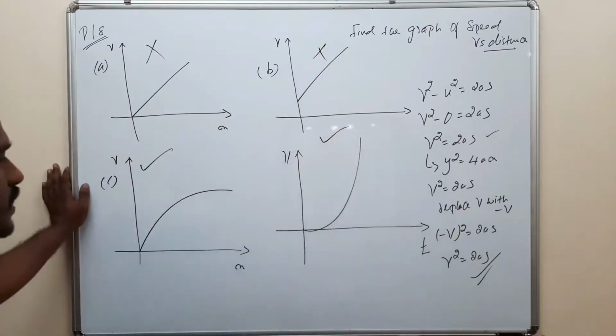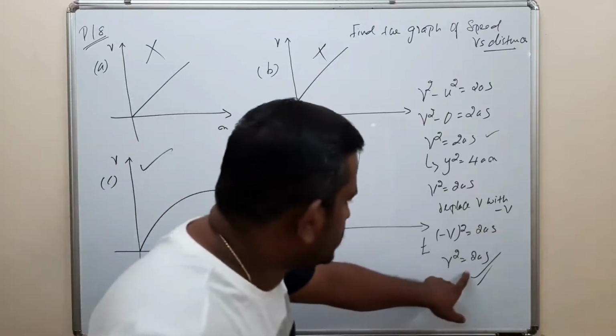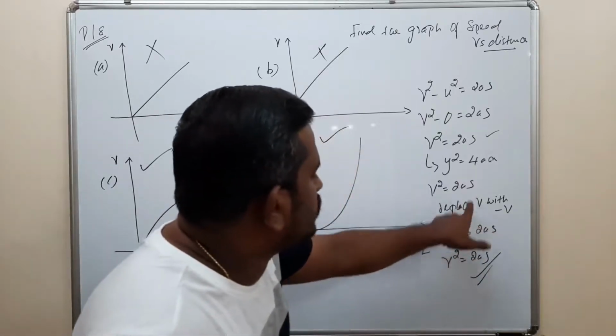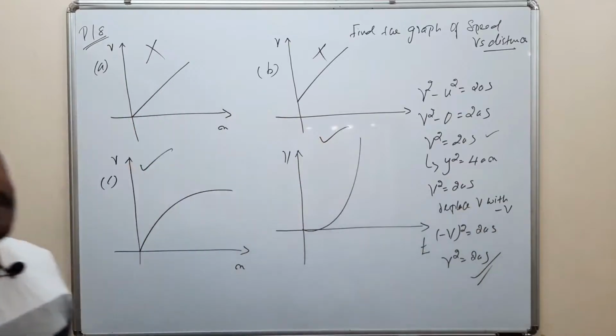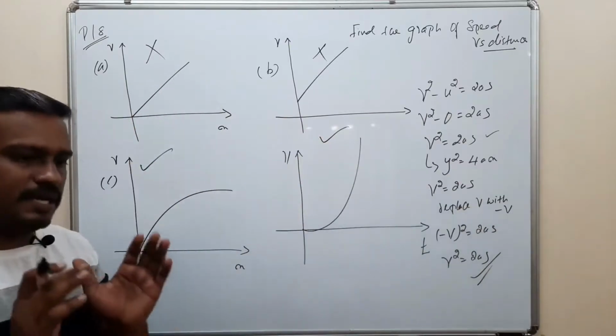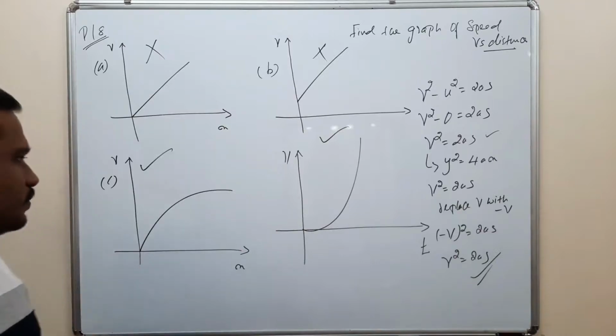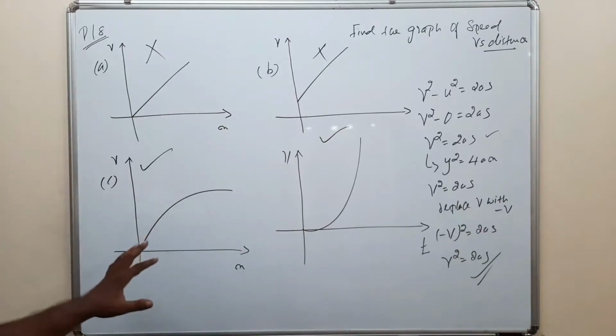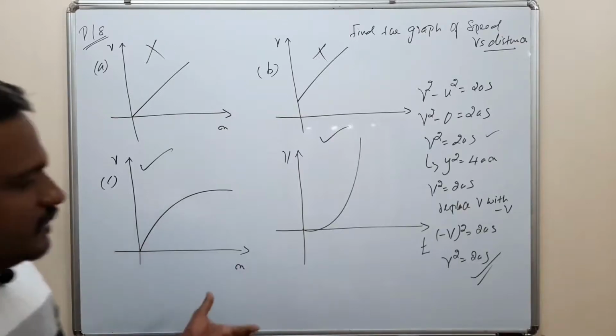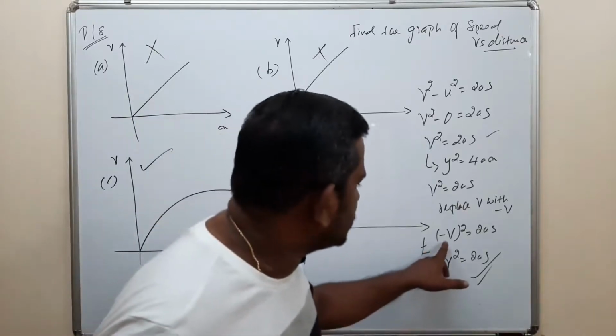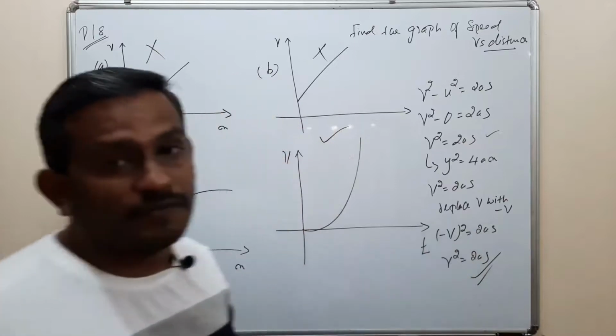Which equation? v square is equal to 2as. That equation resembles the equation of a parabola, that is, the shape of the curve must be a parabola. So here in our answer, two parabolas are there. To confirm which parabola, we use the symmetry of the parabola.